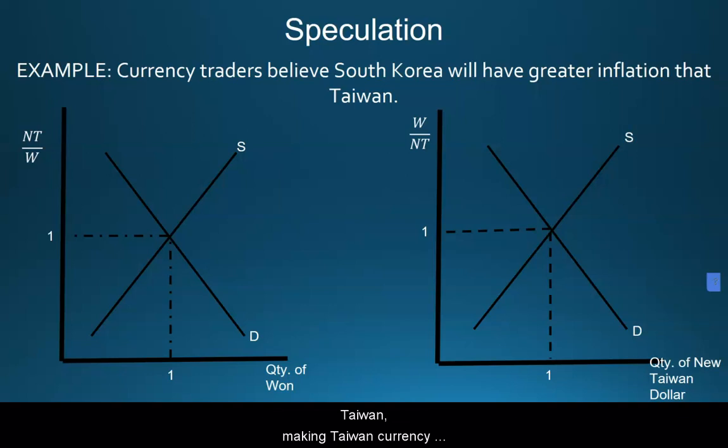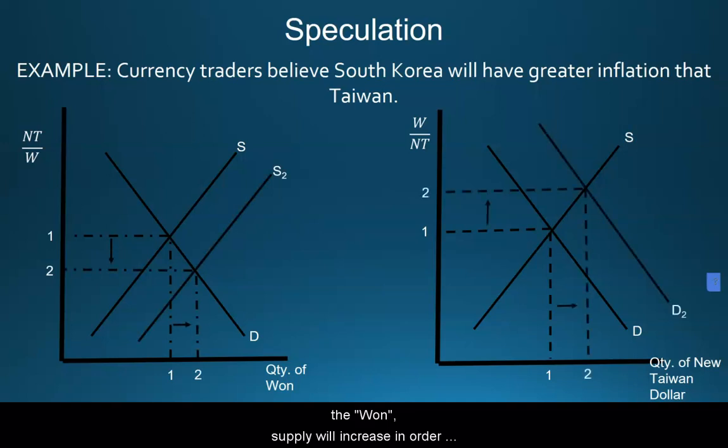The South Korean currency, the won, supply will increase in order to obtain the Taiwanese currency, the new Taiwan dollar, in which its demand will increase. As a result, the won will depreciate and the new Taiwan dollar will appreciate.